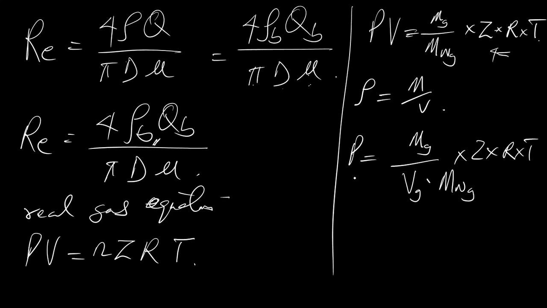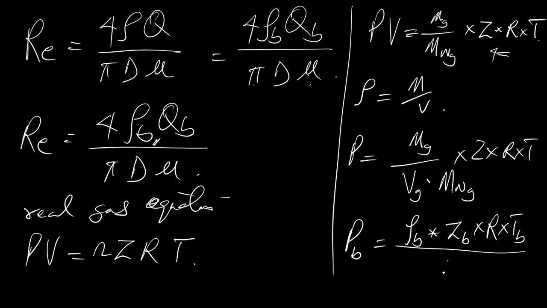Now for standard condition, you have P_B equal to, since mass over volume is density, the density at standard condition times the compressibility factor at standard condition times the gas constant times the temperature at standard condition, divided by the molecular weight of the gas.